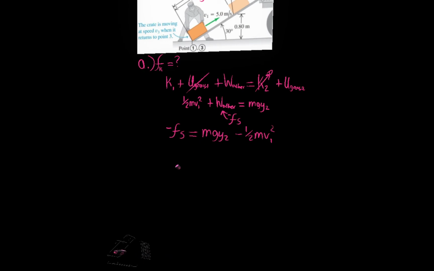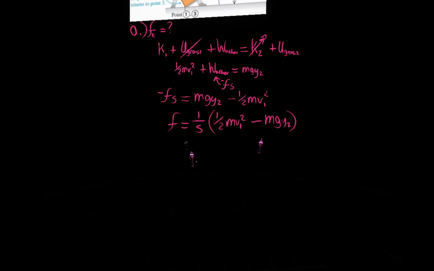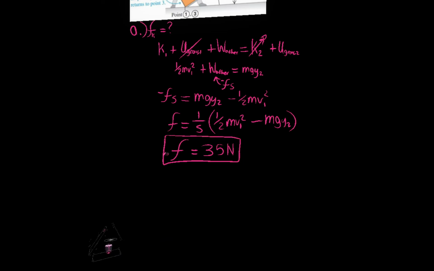And F then is equal to negative 1 over S, well, I'll just switch the terms, 1 over S times 1/2 mv1 squared minus mgy2. Switched the terms, got rid of that negative. Alright, and if you plug in the numbers, which I'll let you do, you should get that the force is equal to 35 newtons. Please check that on your own and make sure you know what we did here.